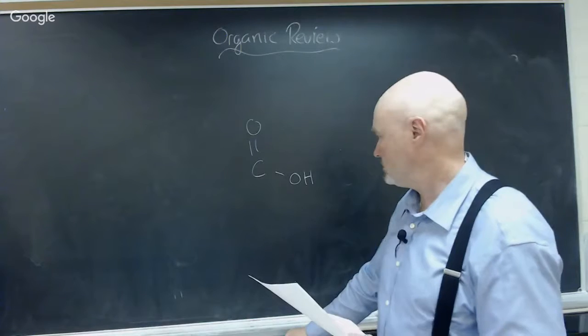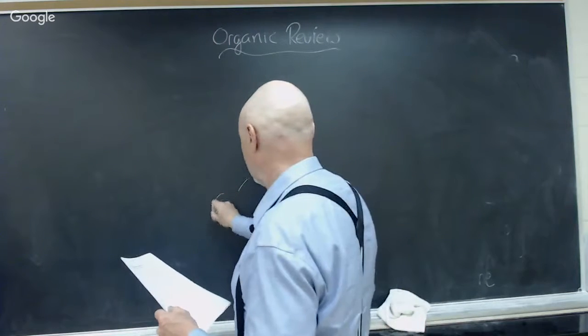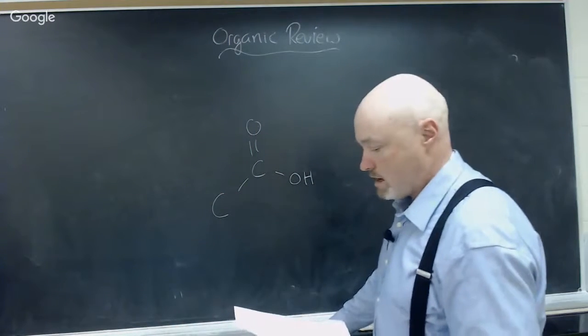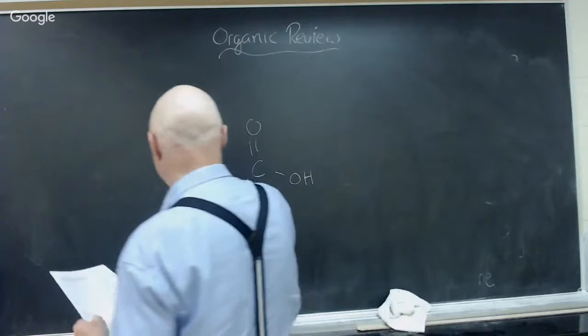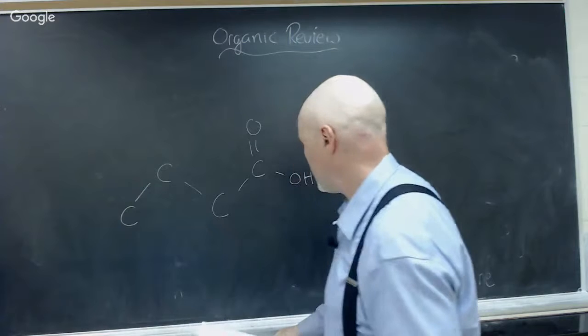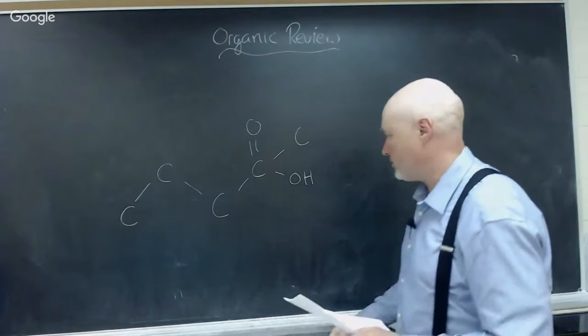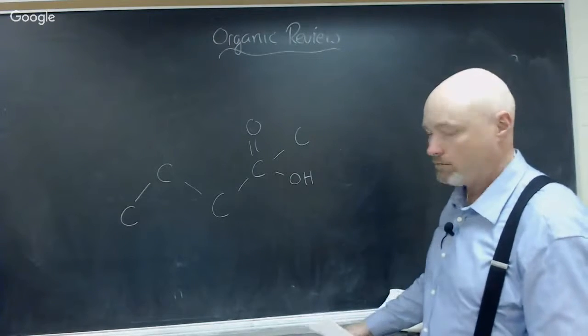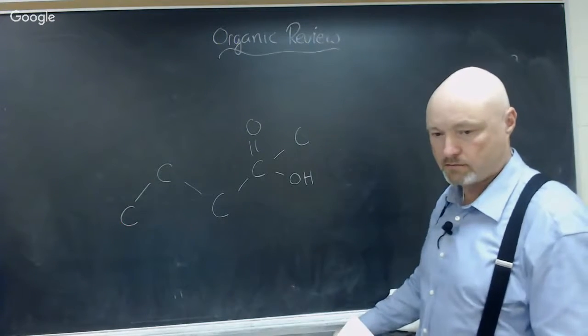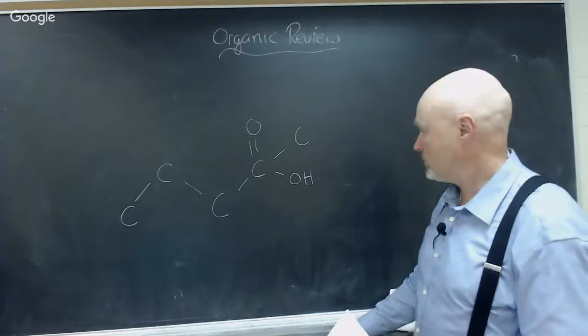Would there be a 5-carbon backbone? Yeah, there would be a 5-carbon backbone. And to have it on the second carbon, I'd have to go out there like that with another one. How come that would never work? Is it because they always have to be on the last carbon?